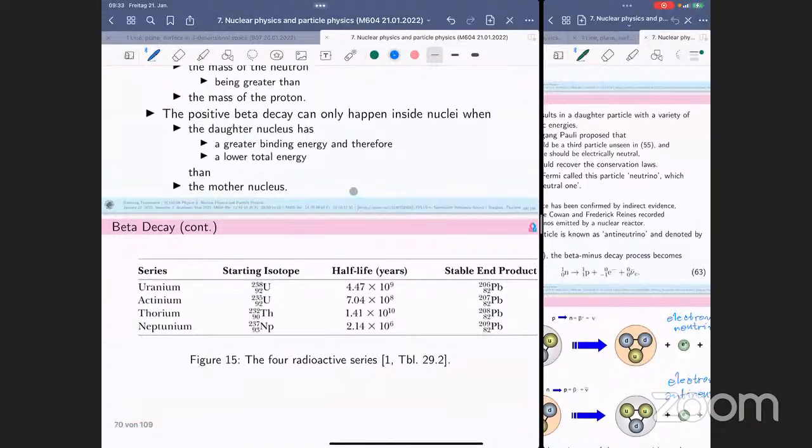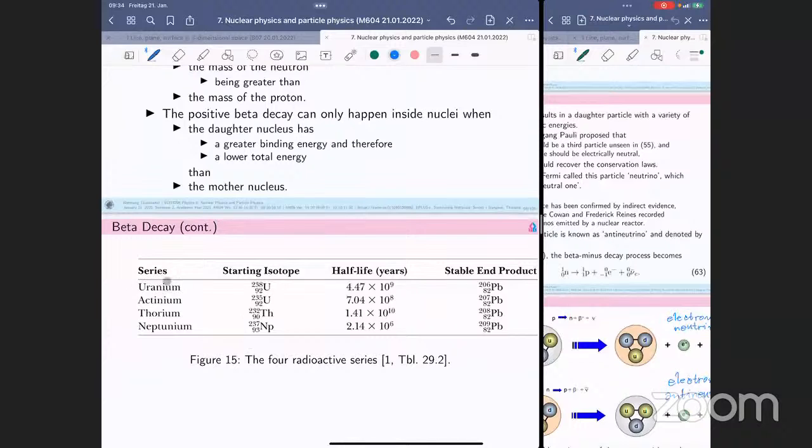The next topic is the decay series. You have studied beta decay and alpha decay. Now let's talk about the actual scenario of beta and alpha decay. There are 4 series of possible isotopes to emit alpha and beta particles.